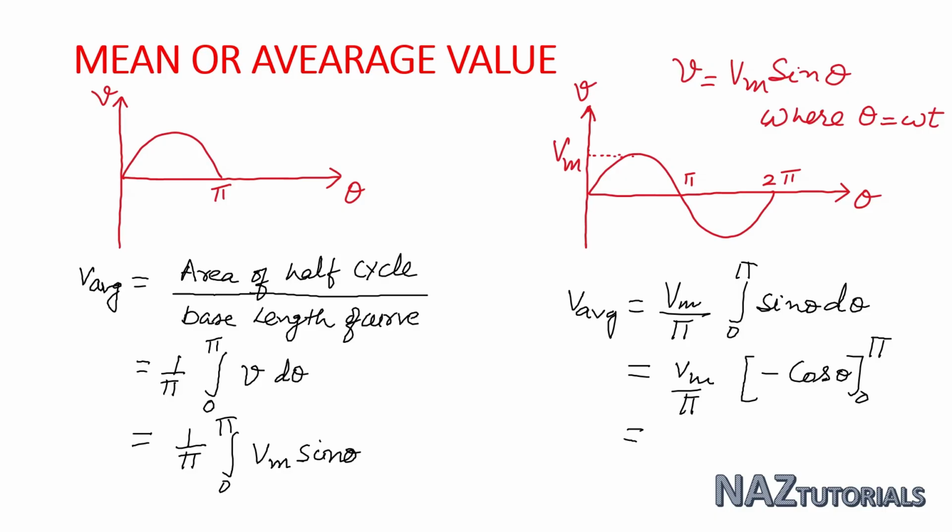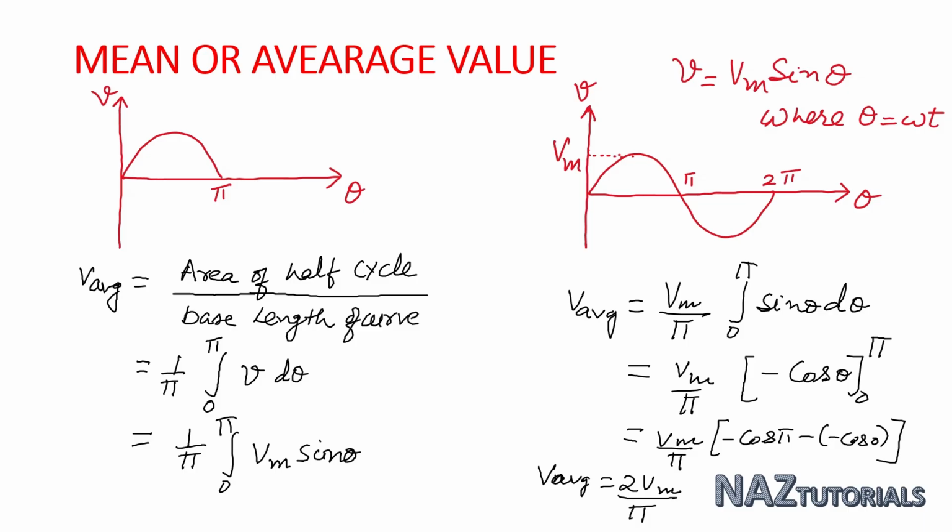So this is Vm by π, minus cos π minus minus cos 0. Cos π is minus 1 and cos 0 is 1. So the average value is 2 Vm by π.